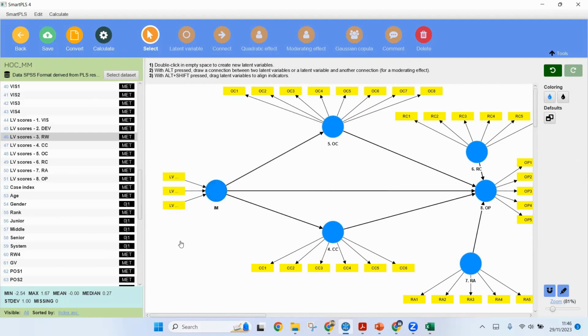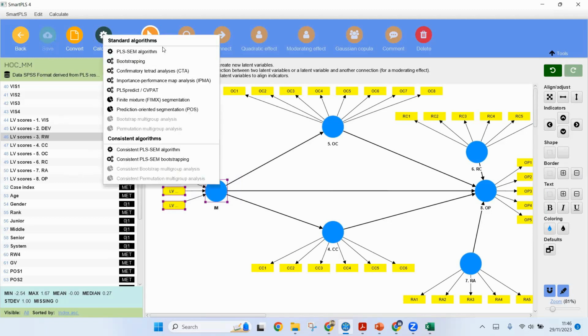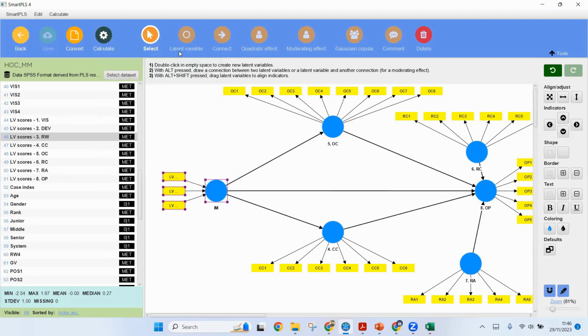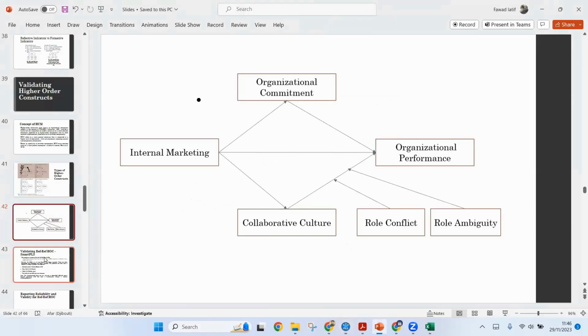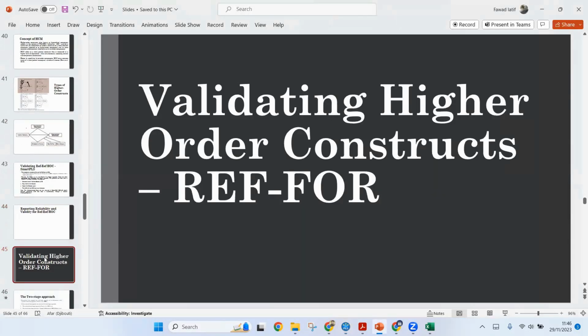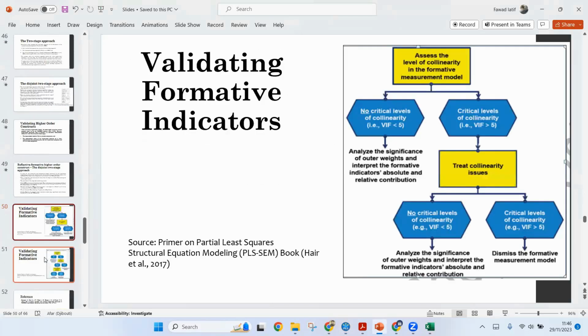Now I will need to validate this again at higher order level. In order to validate it at higher order level, let's save it, calculate, and first I will run the PLS SCM algorithm. Okay, let me show you something here. So how do we validate the formative indicator?